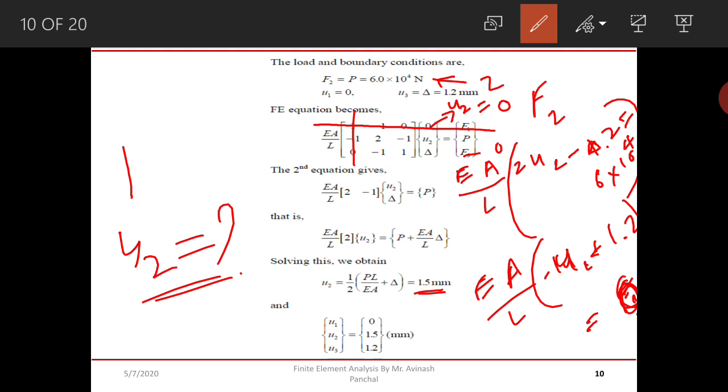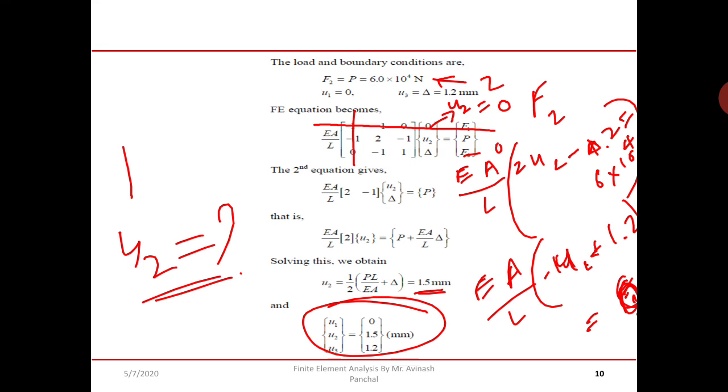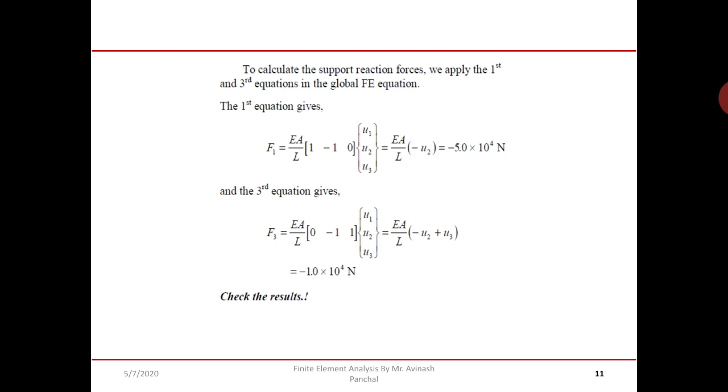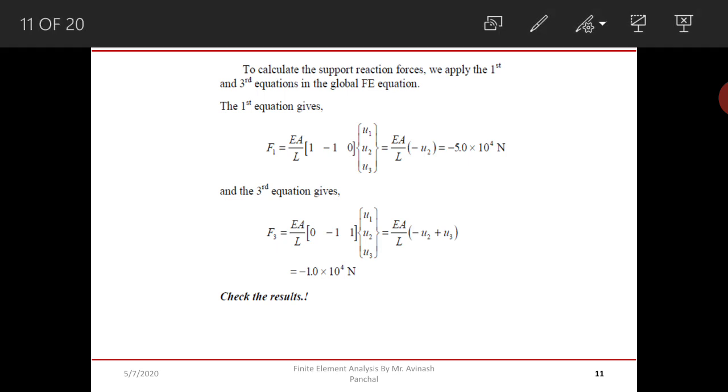So here we have the values of u1, u2 and u3. What remains is to go to the next slide. Here we have to find just the support reactions, and we will apply the first and third equations of the global FE equation.